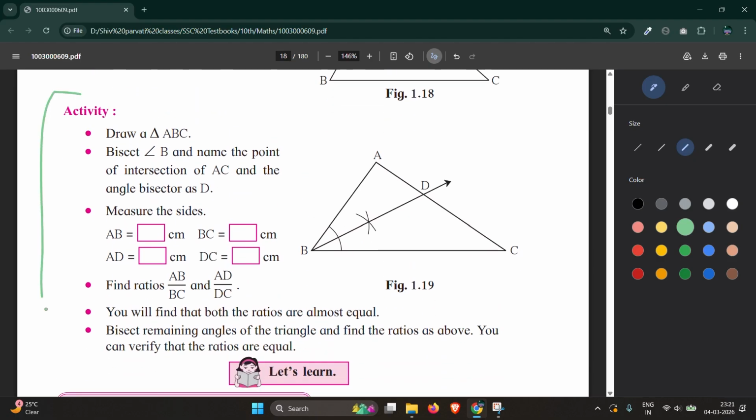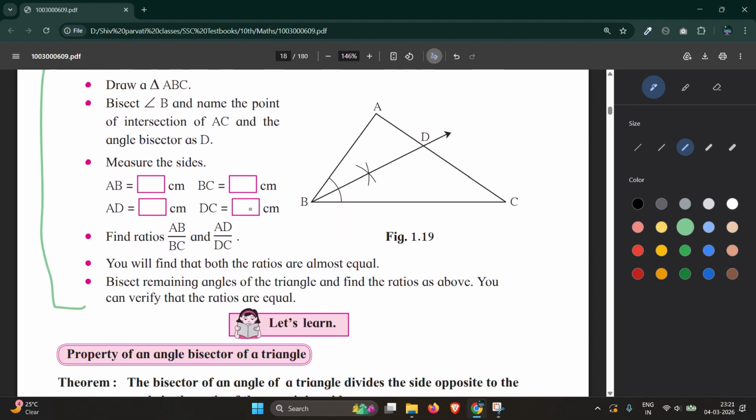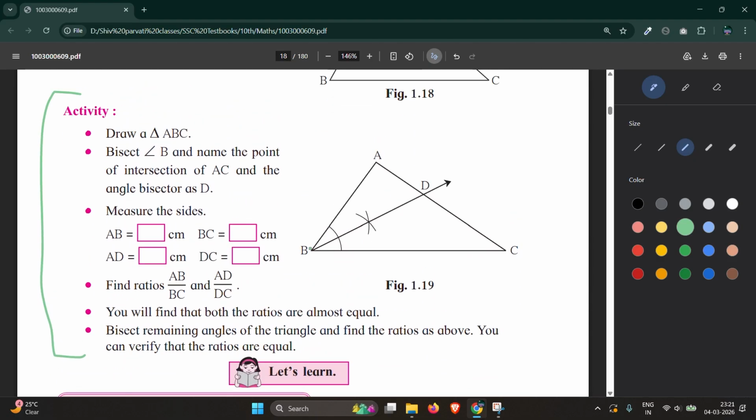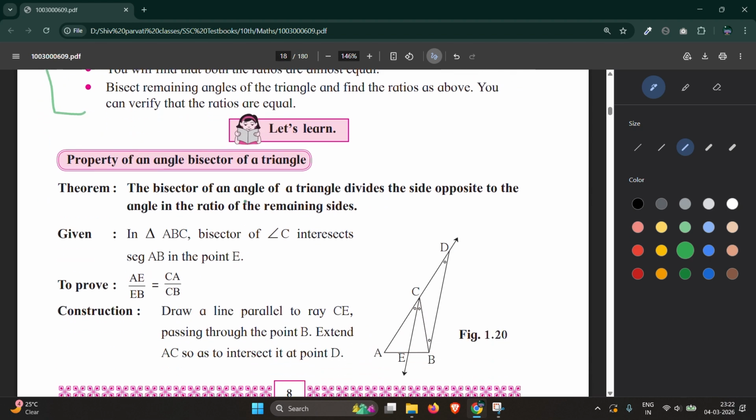This is just an activity which you can perform, and this is just to show that when there is an angle bisector, you have the ratio of this and this. So AB upon BC will be the same as AD, which is this, and DC. The proof of this thing is shown next.